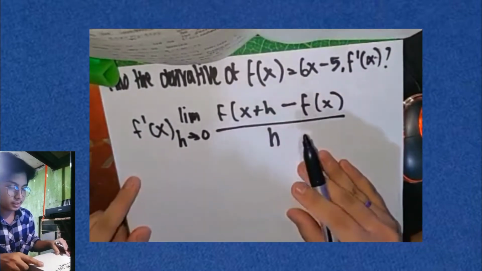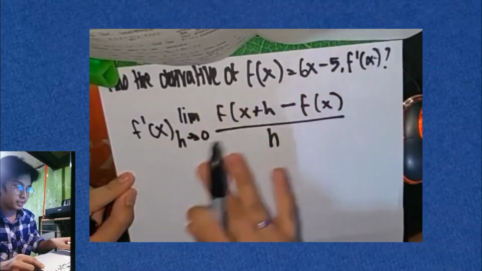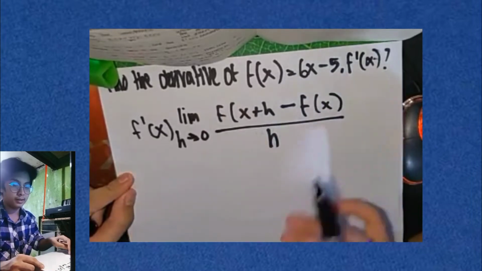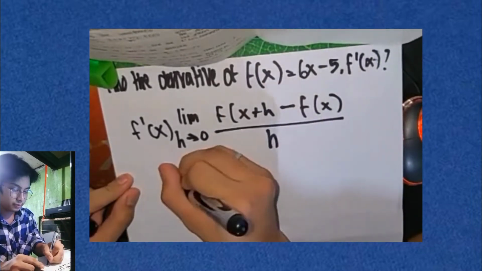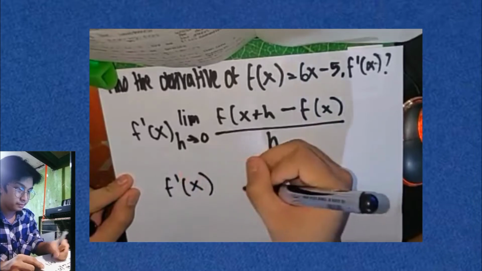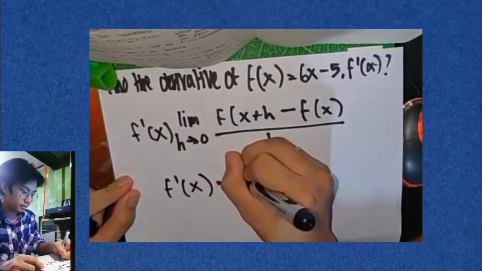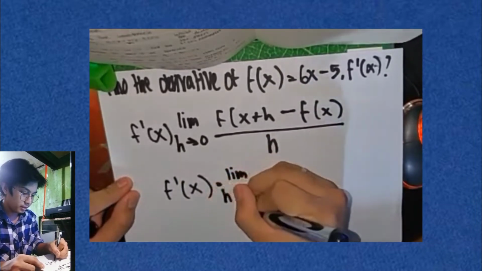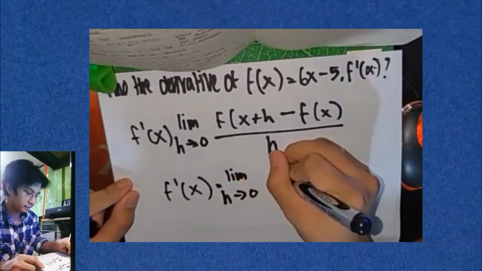So first, let's substitute the given to our formula. So f prime of x is equal to limit of the function h approaches 0.